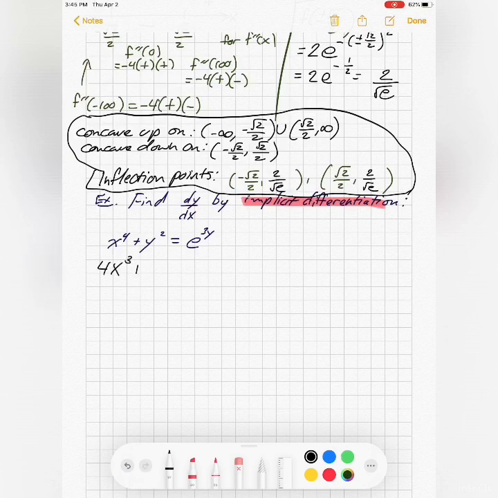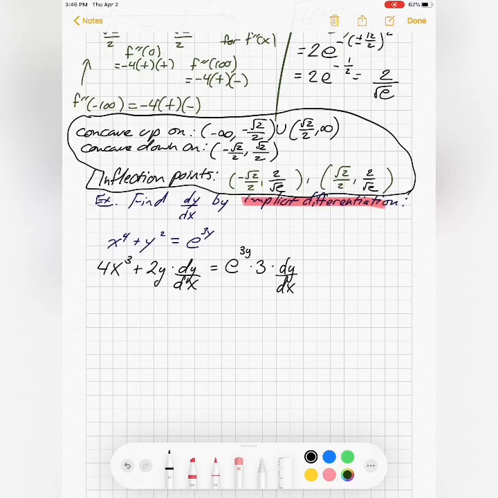The derivative of y squared is 2y, but then because y is a function of x, we had to use the chain rule. So we had to attach the dy dx. Okay, so same idea on the right side. So derivative of e to the 3y is e to the 3y times 3. But then because the right side is a function of y, we have to multiply by dy dx.